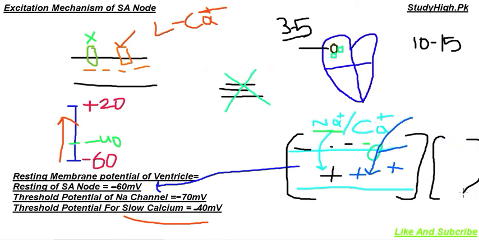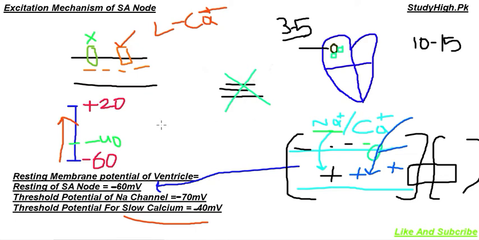As a result, the positive ions from this cell will start moving into its neighbor cell through the gap junctions or intercalated discs, and that will cause initiation of an action potential in its neighbor cell as well. This mechanism we have already discussed. Now we are going to discuss the resting membrane potential again.